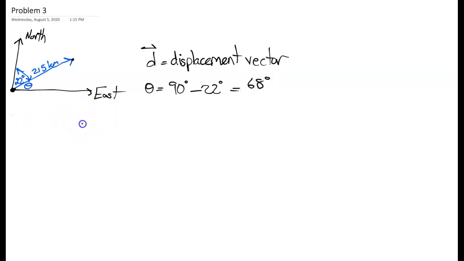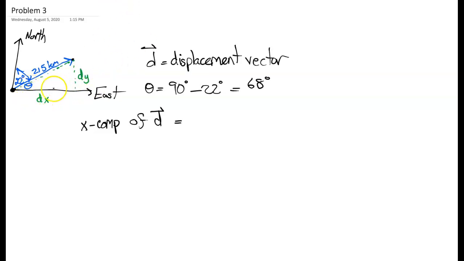And now we can say that the x component of vector d, if we look at a triangle made between the vector, we see that this is the x component of vector d and this is the y component of vector d.